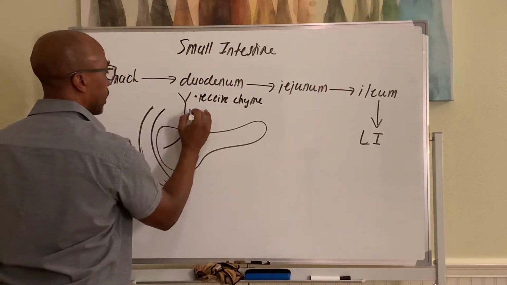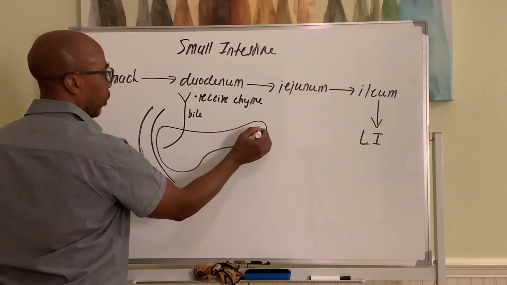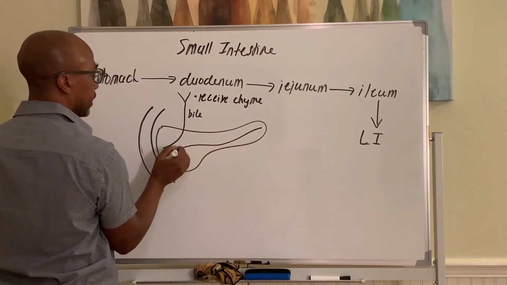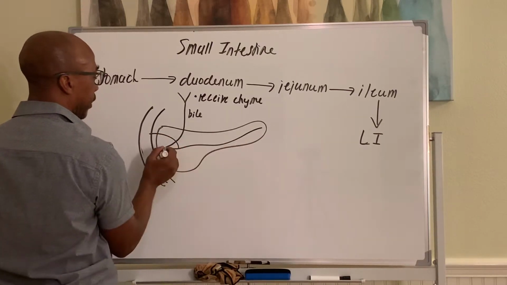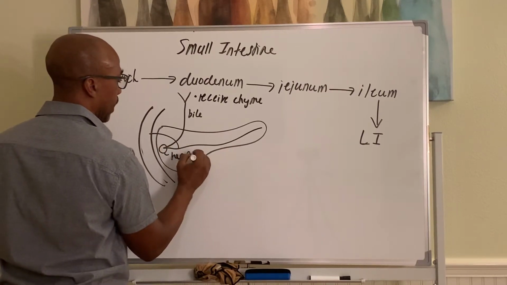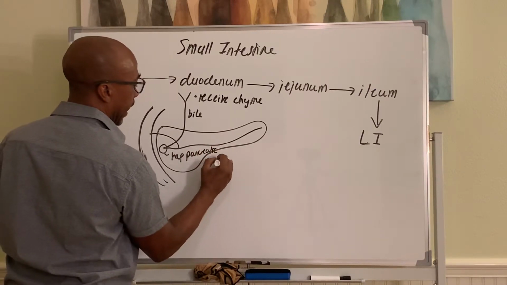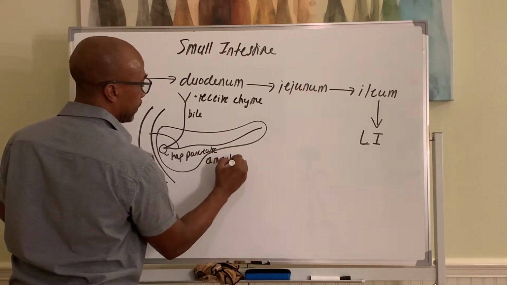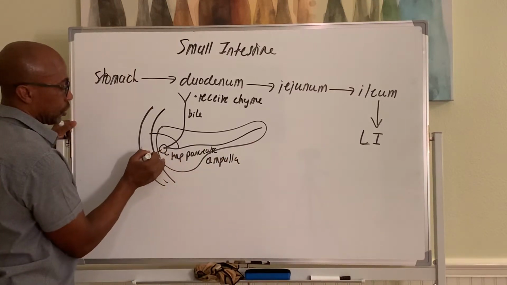So this is the bile duct carrying bile from the liver, meeting with your main pancreatic duct, carrying enzymes from the pancreas, and they meet here in an area called your hepatopancreatic ampulla.